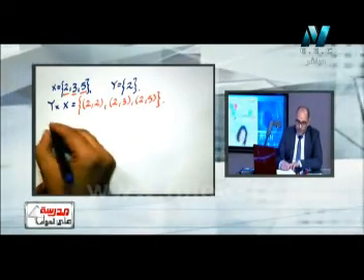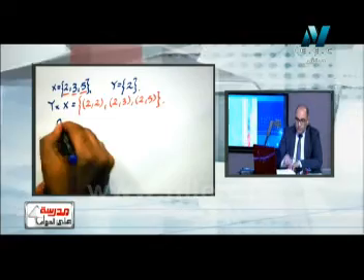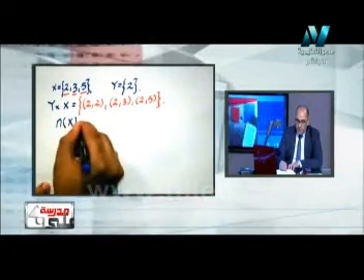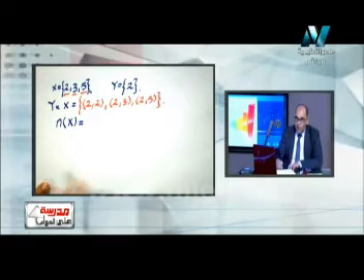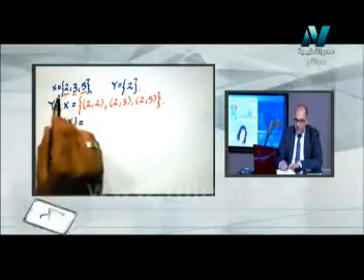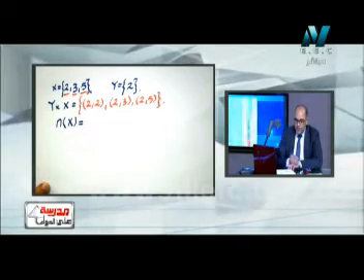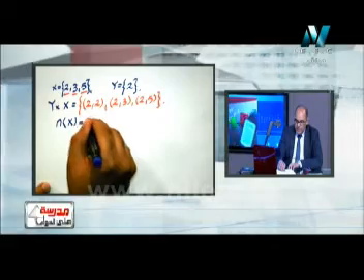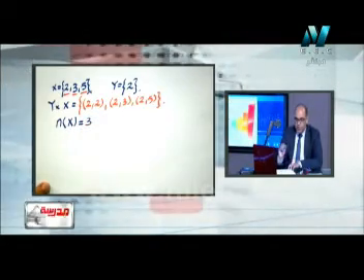We say n of x to represent the number of elements of x. Here, how many elements? Here we have 3 elements. So n of x means number of elements of x, which is 3.